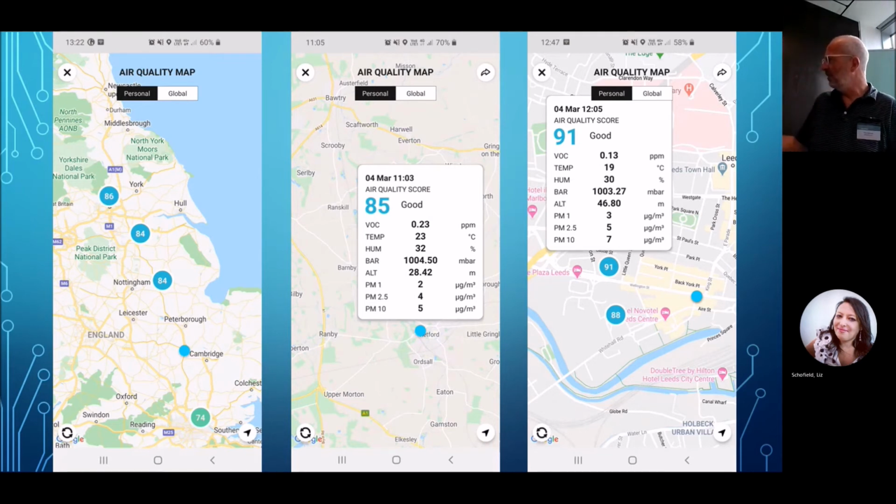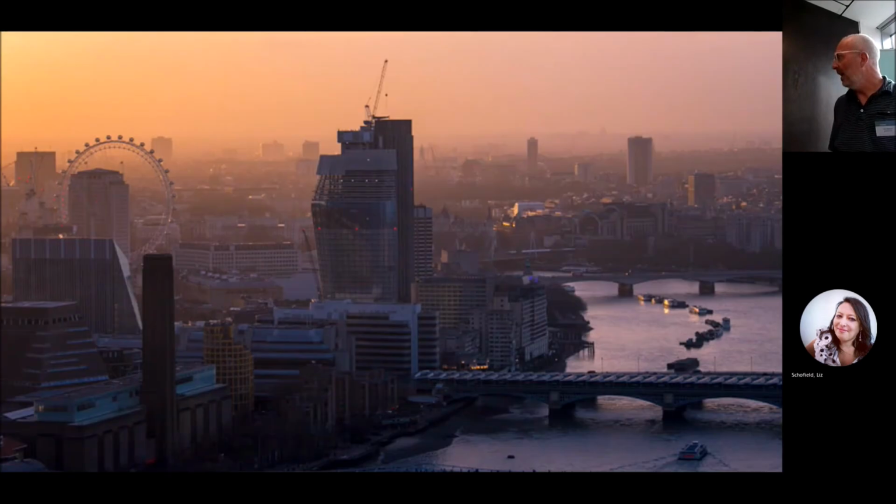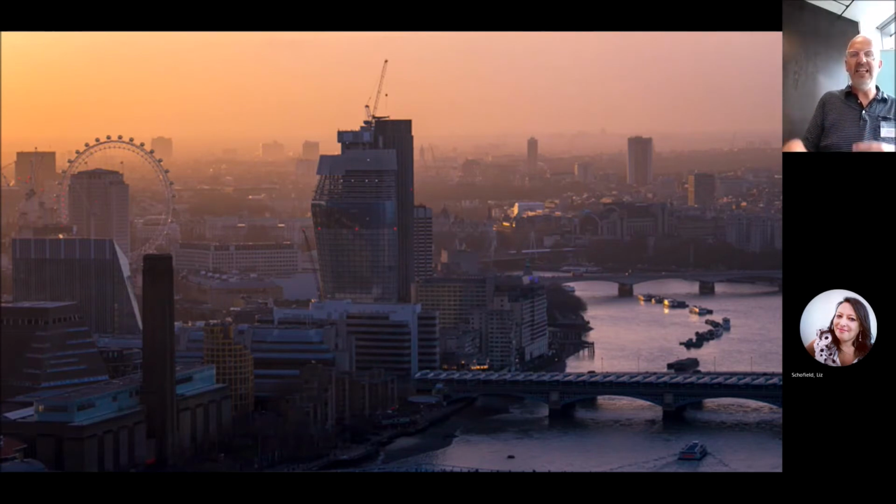The air quality in my train was pretty consistent most of the time, and the air quality in Leeds when I arrived there was also pretty good. Quite a good day, obviously. Other times, though, I'm in London, a big city, and you can see at a glance, this is an image from an article in The Guardian, showing the haze over London when the air quality gets poor.